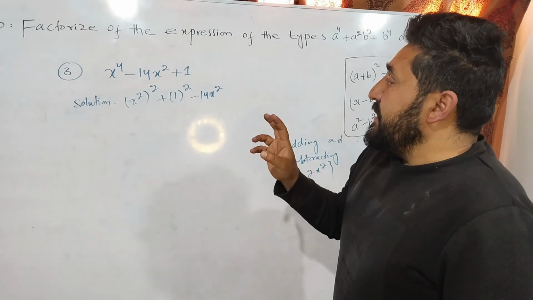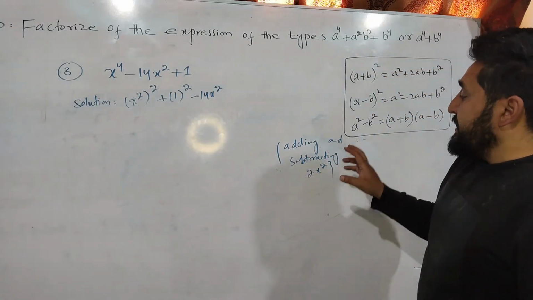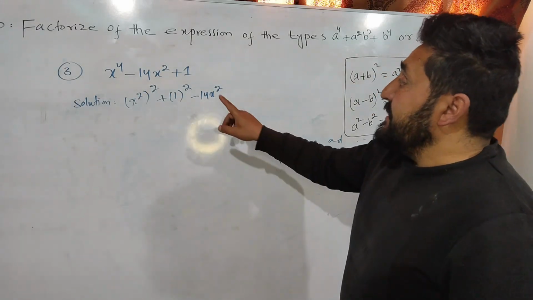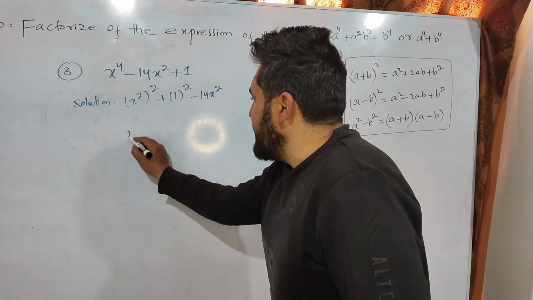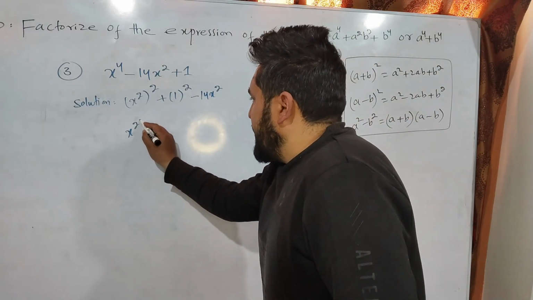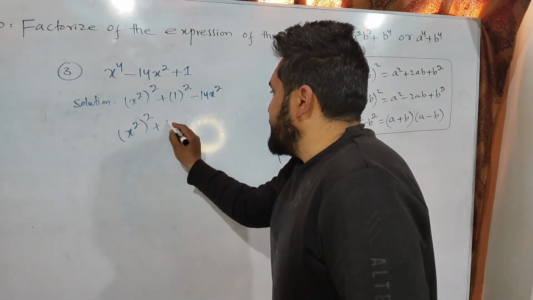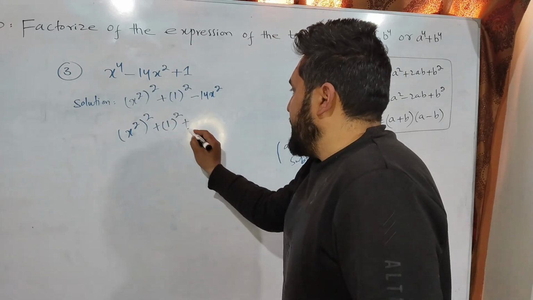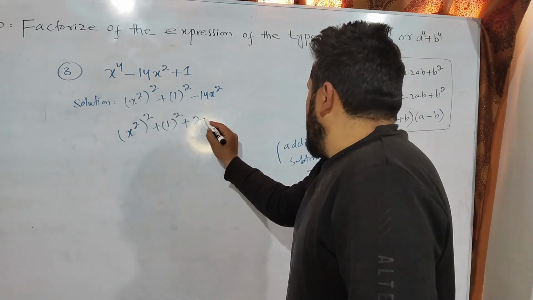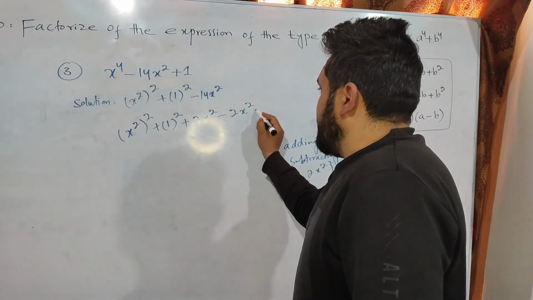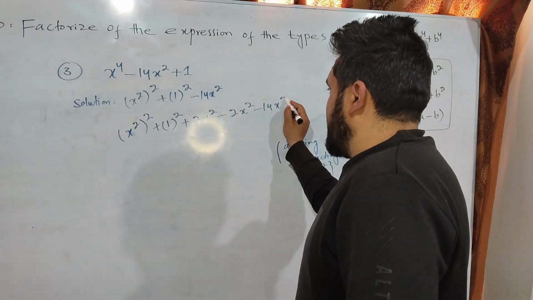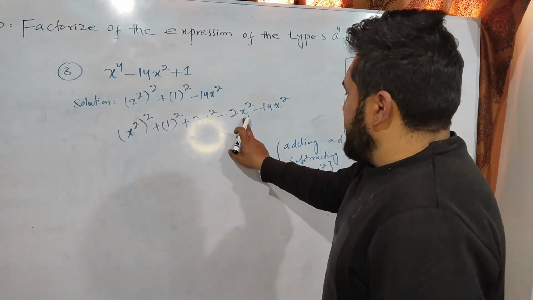So we add or subtract a term like that. The left term should be a square term. So here (x square) whole square plus 1 whole square plus 2x square minus 2x square minus 14x square. Add and subtract this one.